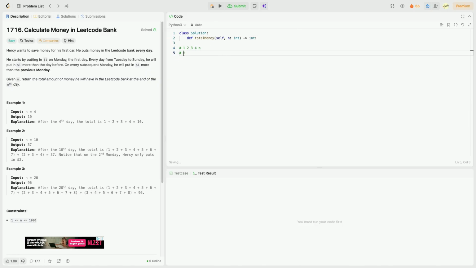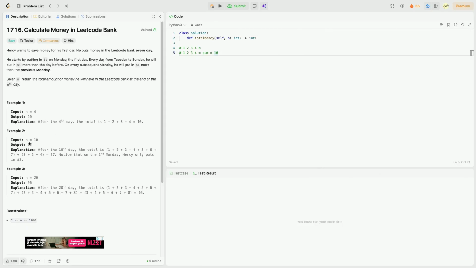On the first day, we invest $1, and then every subsequent day from Tuesday to Sunday, we will invest $1 more than the day before. So we'll invest $2 on the second day, $3 on the third, and $4 on the fourth day. And then the sum is going to be, what is it? 1 and 2 is 3, plus 3 is 6, plus 4 is 10. So the output would be 10.